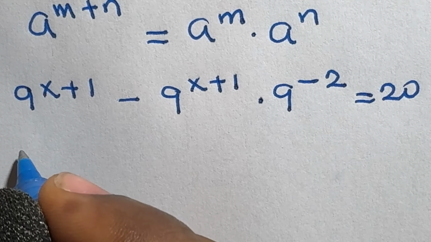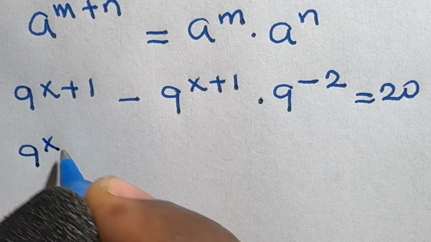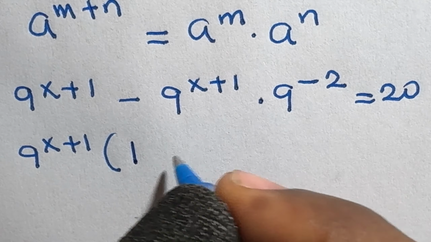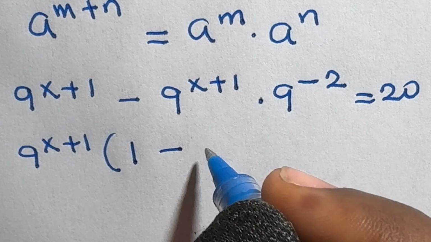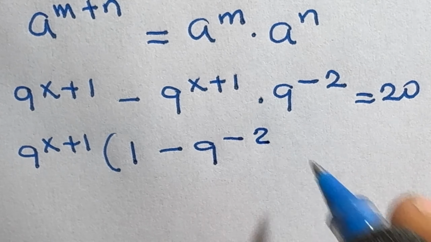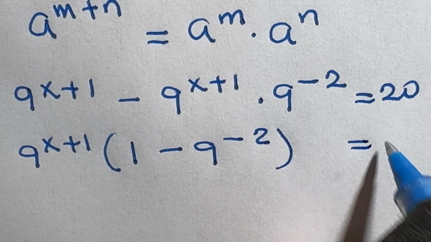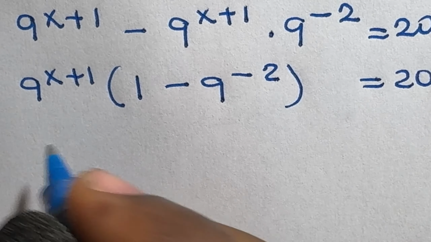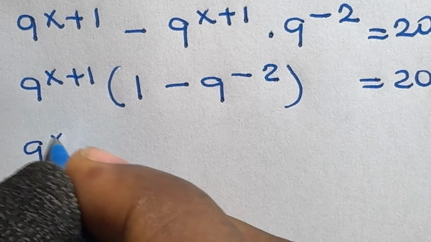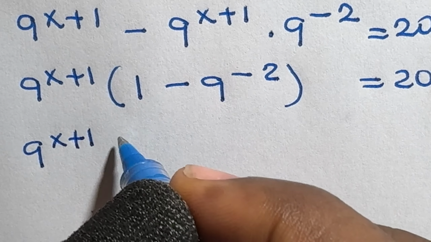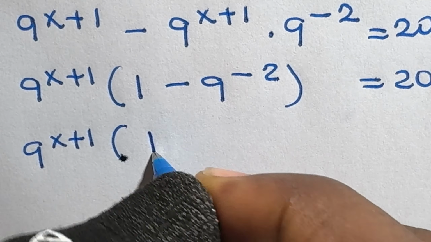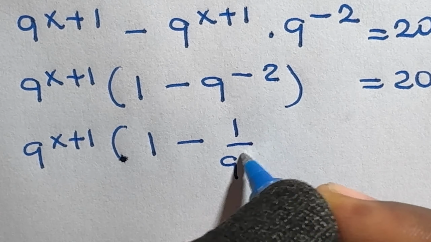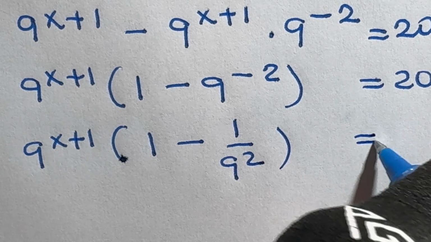So I'll factor it out as 9 raised to power x plus 1 into bracket 1 minus what is left here, which is 9 raised to power minus 2, then equal to 20. Let's tidy up the brackets. You have 9 raised to power x plus 1 outside, but in the brackets we have 1 minus 1 over 9 raised to power 2, then equal to 20.